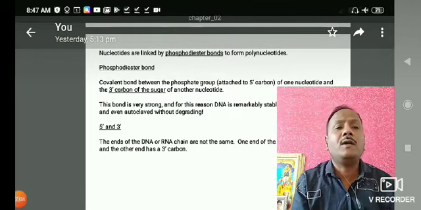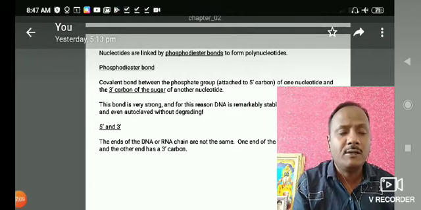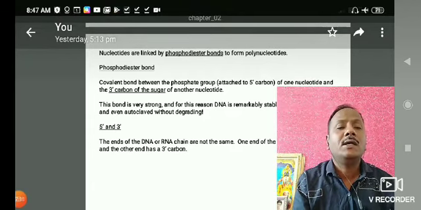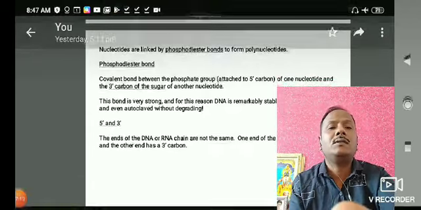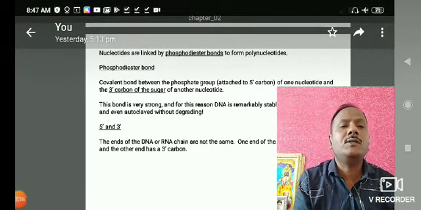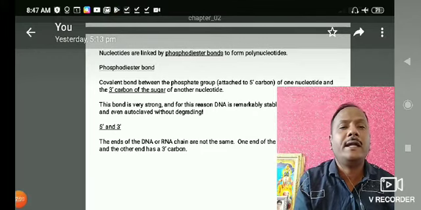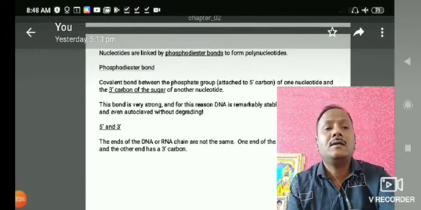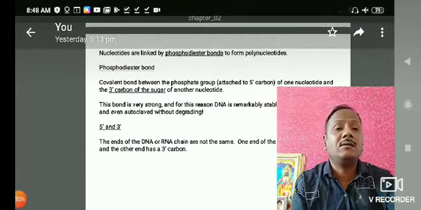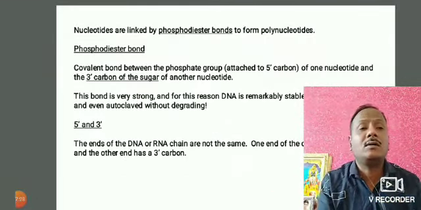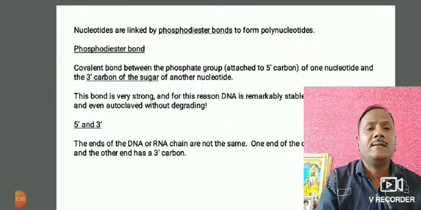Nucleotides are linked by phosphodiester bonds to form a polynucleotide. The phosphodiester bond is a strong bond, that's why it is more chemically stable. These are covalent bonds between the phosphate group of one nucleotide and the 3 carbon of the sugar of another nucleotide. It gives more strength to DNA.